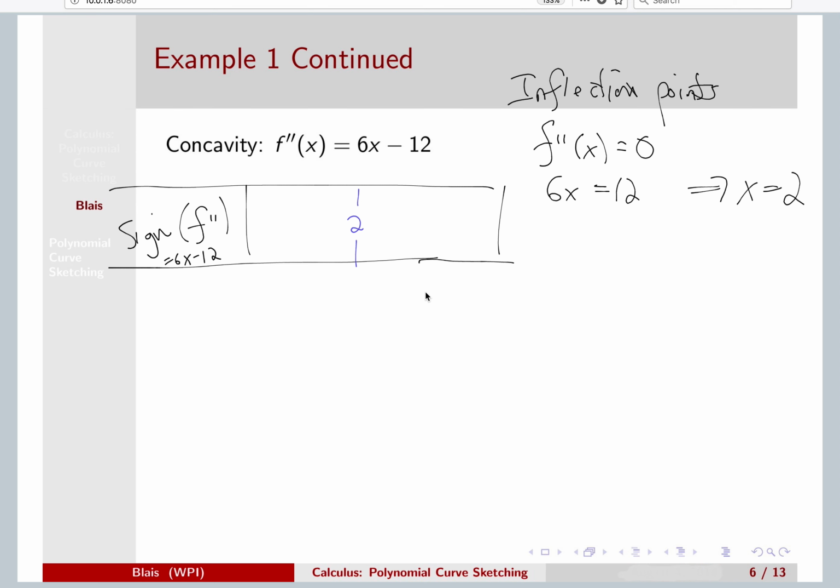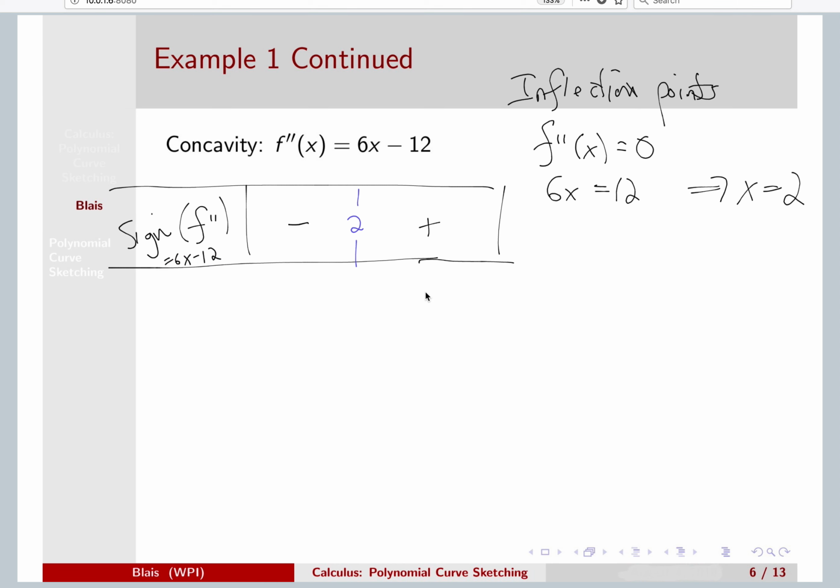We don't have any factors besides this one. And pick numbers to the left and to the right of where it has a root. Something to the left of 2, how about 0? 6 times 0 minus 12 is negative. To the right, something bigger than 2, how about 3? 6 times 3 is 18 minus 12, positive.